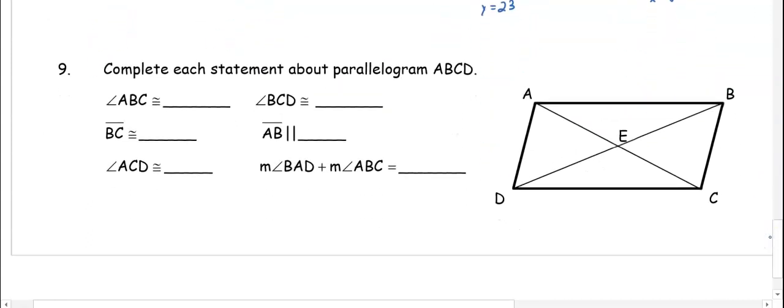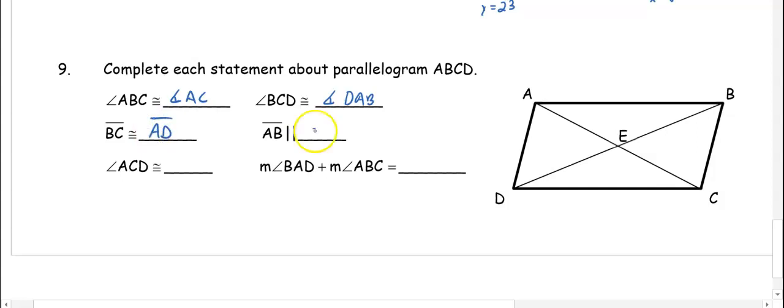Our last part, we're going to complete statements about parallelograms. We know that angle ABC, this whole angle, is equal to the opposite angle, which is going to be angle ADC. BCD, this angle, is going to be equal to angle DAB, the opposite angle. BC is going to be congruent to the opposite side AD.